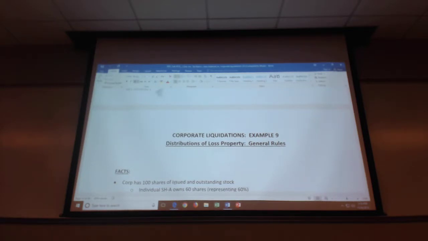Remember the general rule, 336(a)? When a corporation liquidates and distributes property, it recognizes gain or loss under 336(a). Well, there are a whole bunch of exceptions to that. And I would say that the exceptions are probably the most complicated topic in the entire course.